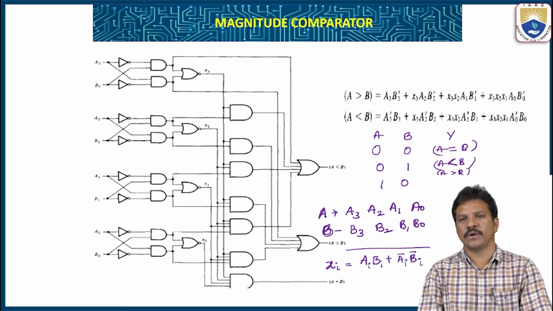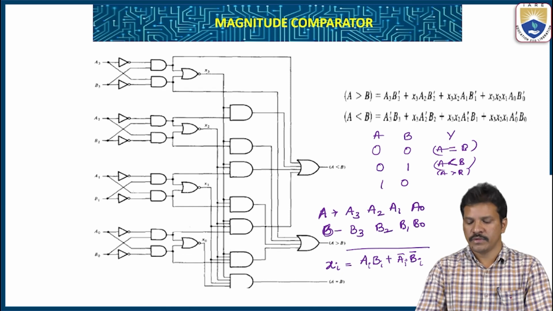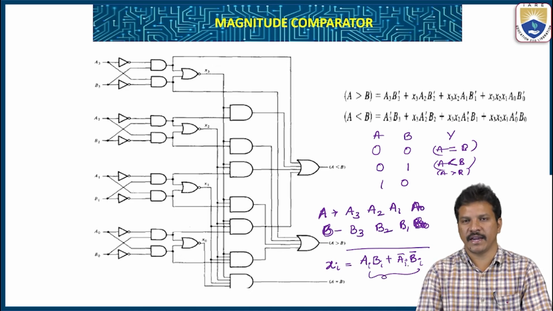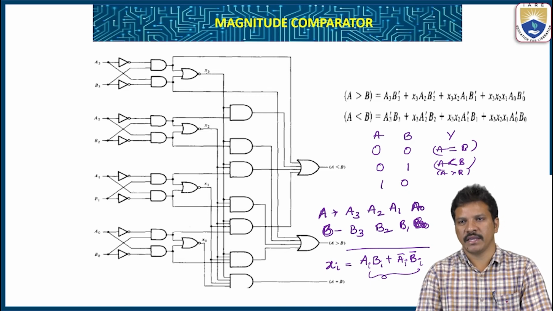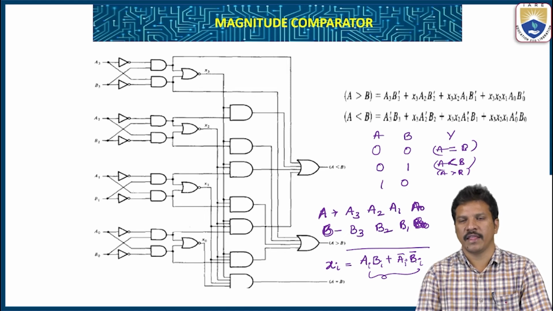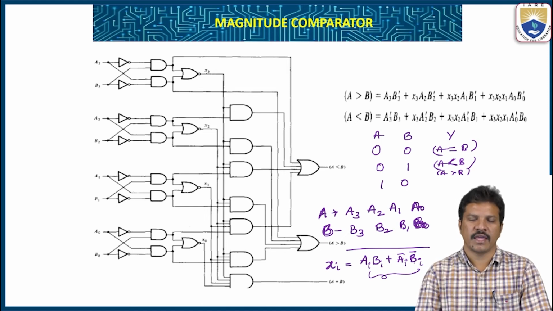If you substitute i is equal to 0, if A0 and B0 are both 0, it is like the expression for an XNOR gate: AB plus A bar B bar. Substituting i is equal to 0, A0 B0 plus A0 bar B0 bar, the expression represents XNOR.